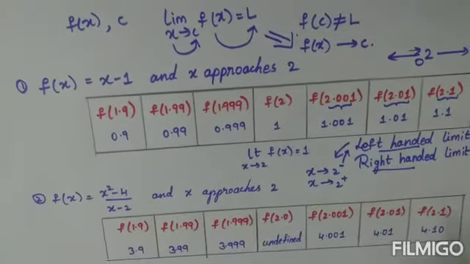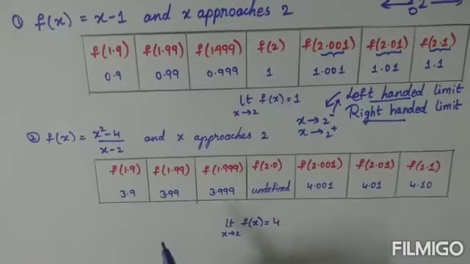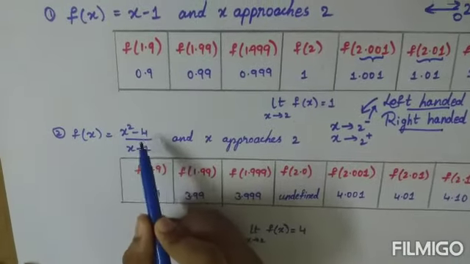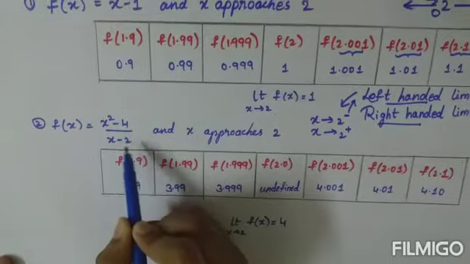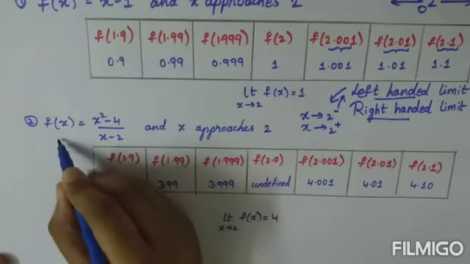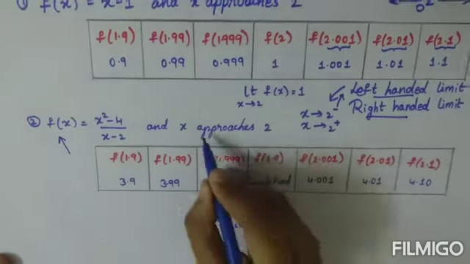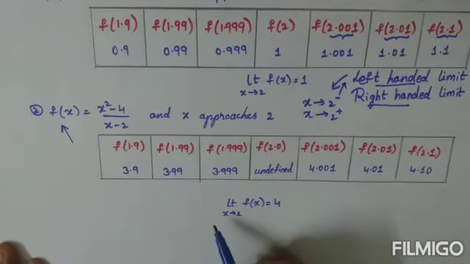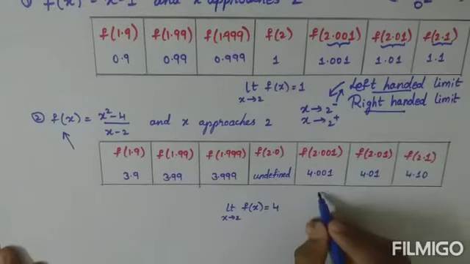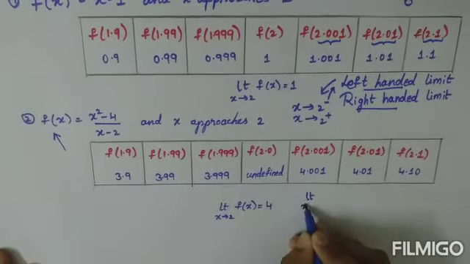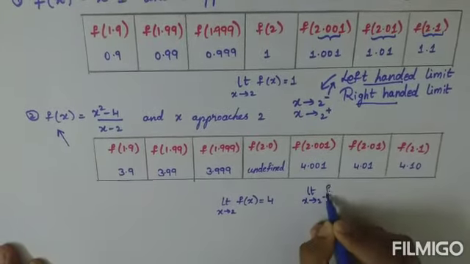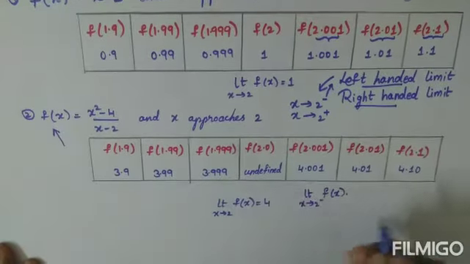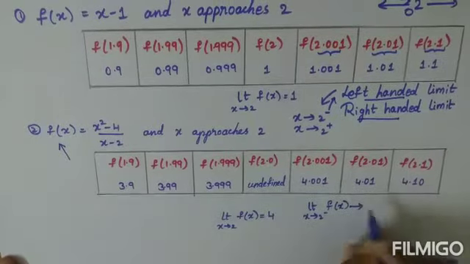The same, if we see in the next example, here f of x is x square minus 4 by x minus 2, and we have to find the limit of the function f of x as x approaches 2. And in this, we observe that the left hand limit, that is limit x tends to 2 minus f of x, when we approach from left hand side, the values are approaching 4.